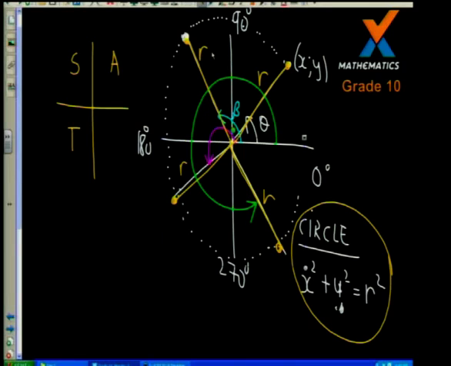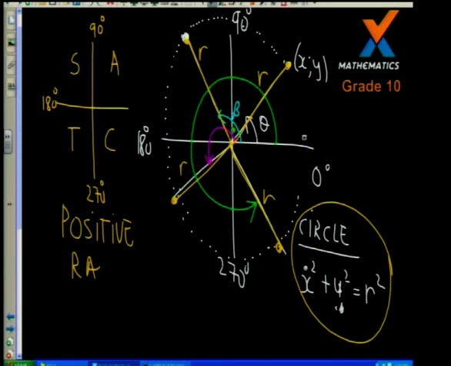So as you saw, only the cos is positive, but all the other ratios will be negative. So what we've captured over here is that in each of these quadrants, these are the positive ratios. All the other ones will be negative, the ones that we haven't captured on this diagram.